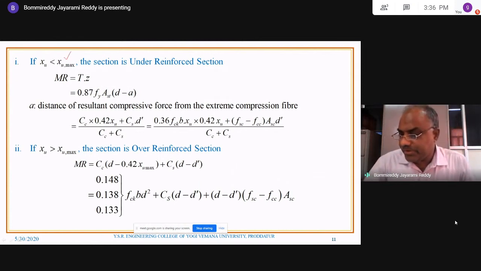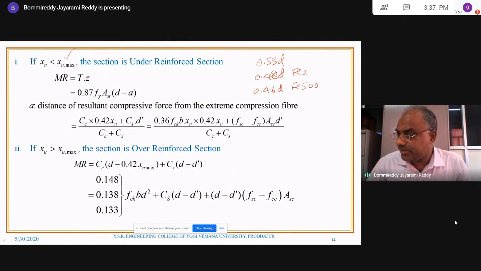Now, what is the XU maximum value? It's already fixed. Already in the fundamentals we have seen: 0.53D for FE 250, 0.48D for FE 415, 0.46D for FE 500.